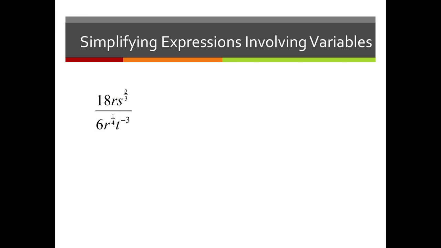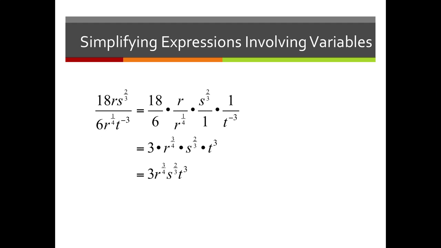And so what we end up with then is taking 18 over 6, taking the r on top over the r to the 1/4 on the bottom, the s on top with no s on the bottom means that it's just going to be 1 in my denominator, and then the t to the 1/3 in my denominator with no other t on top, we're going to write that as 1 over t to the -3.